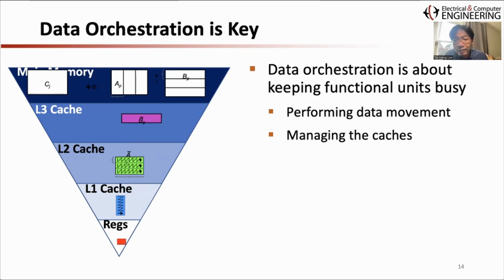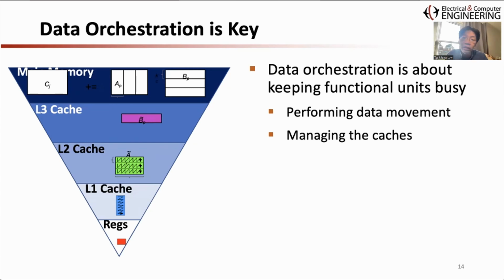But a second, and in some sense, more important task is about managing the caches, managing what data sits in which level of the memory hierarchy. Can I keep a particular portion of my matrix in the L1 cache for as long as possible? Can I keep a portion of the data in L2 as long as possible, right?